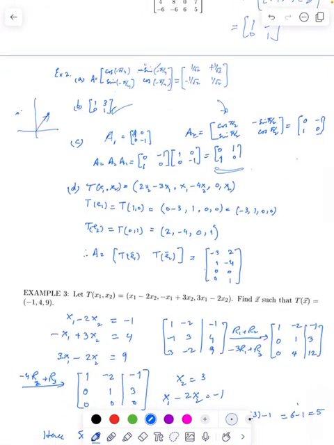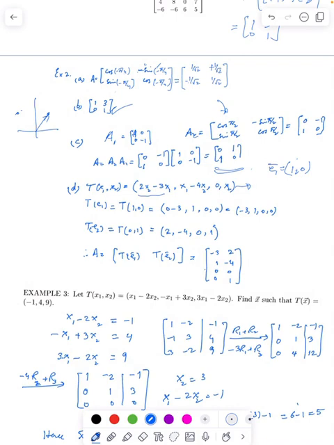T of E1 means T of 1, 0, and I rewrote the transformation here so that we don't have to go back and forth. So the transformation says the first component is 2x2 minus 3x1. Now in E1, the first component is 1, second component is 0. So when I plug it in here, I get 2 times 0 minus 3 times 1.